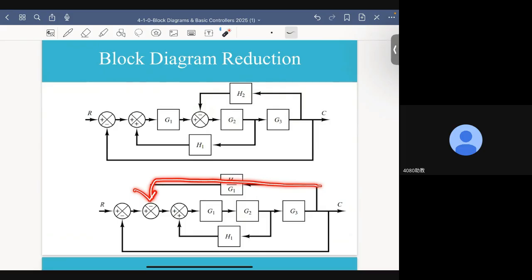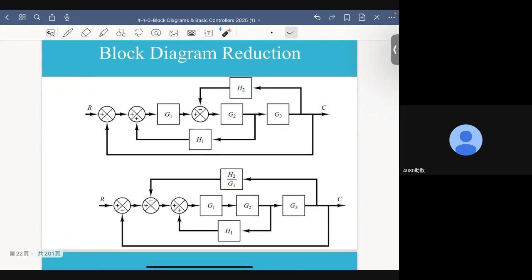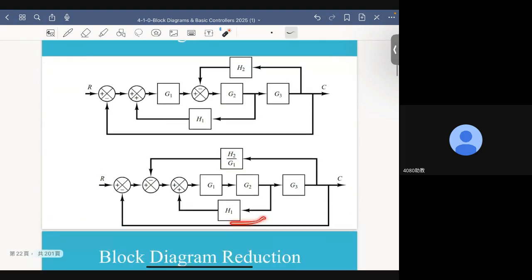Once you do that, the good thing is this becomes a standard closed-loop feedback system, because now it has only one input and only one output. All right, single input, single output, very clean and simple.